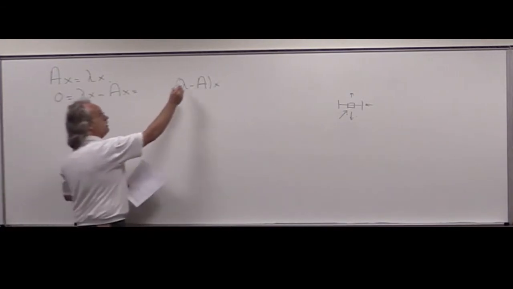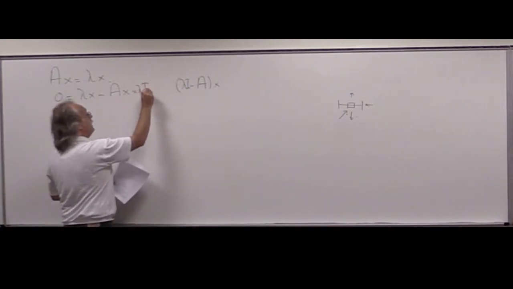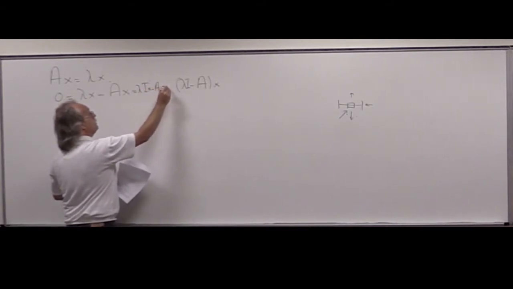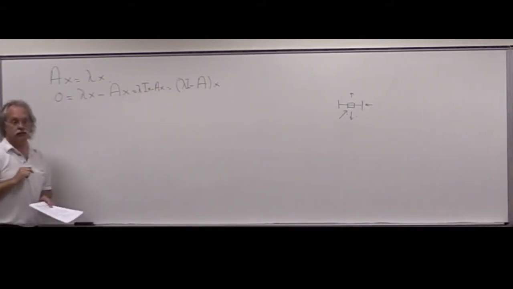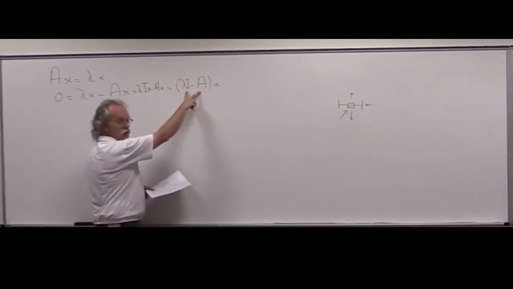We need to put the identity in there, right? We should recognize that lambda I x minus A x is the same as this. And then all of a sudden we can pull this out. Okay?